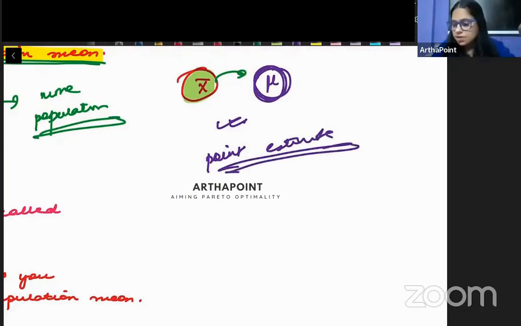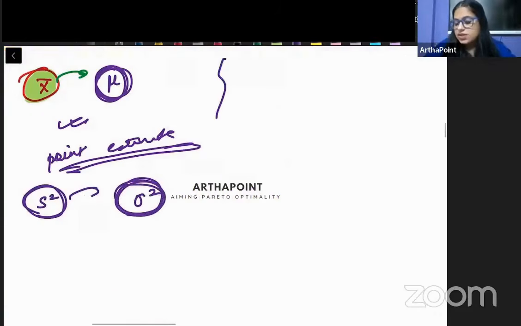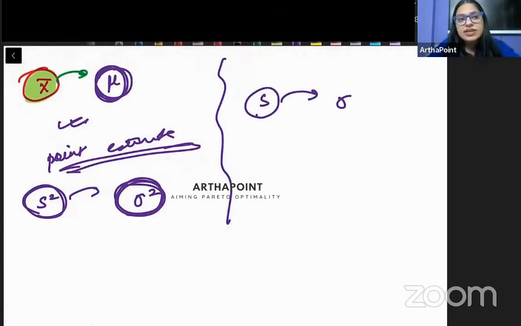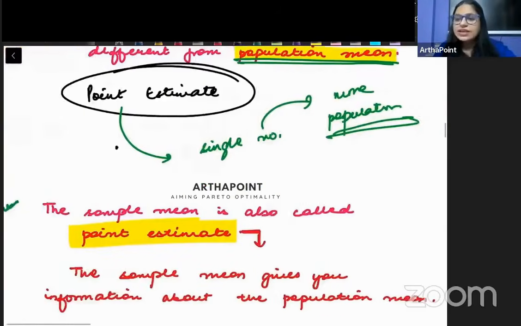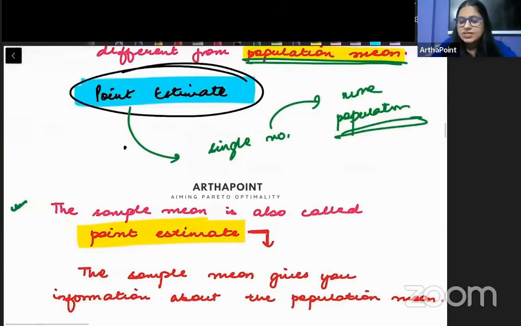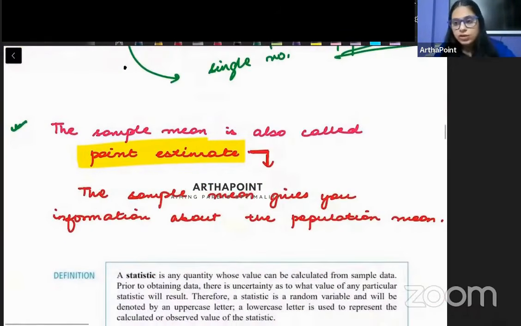So if a single number, जैसे अगर मैं बोलूं variance of sample helps me understand more about the variance of the population. The standard deviation of the sample helps me understand more about the standard deviation of the population. So if a single thing helps you understand more about the population, then we can go ahead and say it will be called a point statistic. उसको हम एक point statistic बोल देंगे.